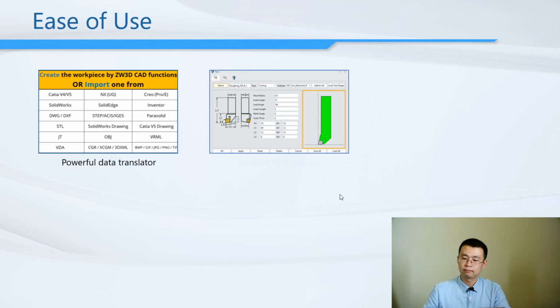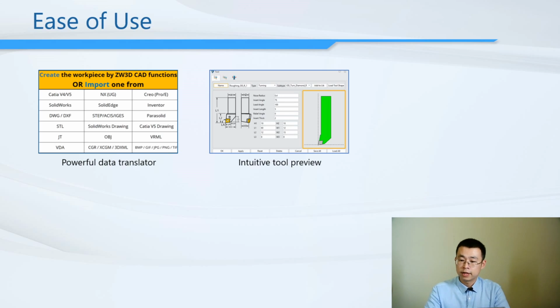We have two pictures to help you easily understand what the parameters mean and what the final shape would be. One picture on the left illustrates the different meanings of the parameters, and the picture on the right shows the dynamic preview of the shapes you'll get in the machining procedure.